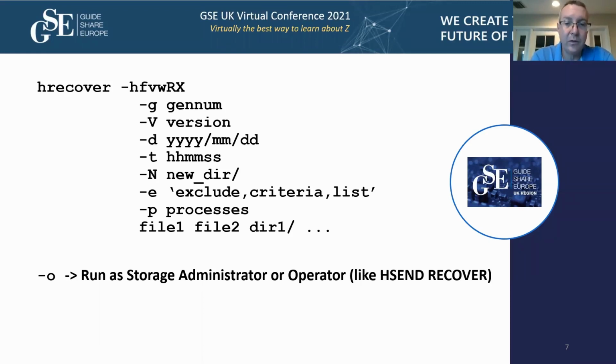And if you do, then it'll run it as an operator, without checking the individual permissions for each file. But if you have some user that does not have read access to the storage administrator facility class, then we'll fail the request right away. So normal users can't ask to recover things at the operator level.